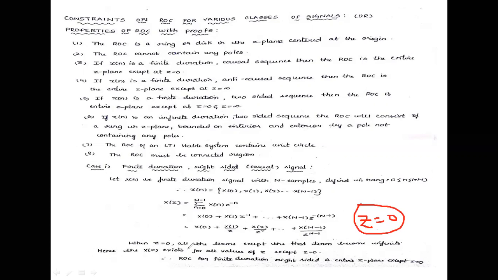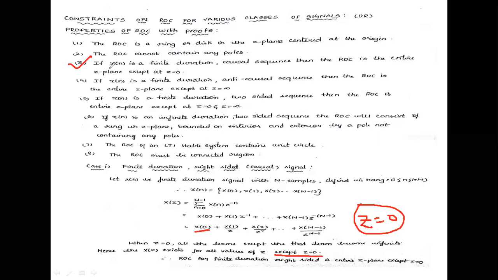When z is equal to 0, all the terms except the first term become infinite. So except the first term, this term is infinite, this term is infinite, and this term is also infinite. Infinite plus anything becomes infinite. So X of z does not exist for z equal to 0. Hence, X of z exists for all values of z except z equal to 0.